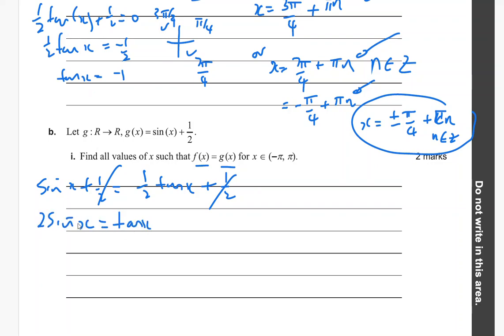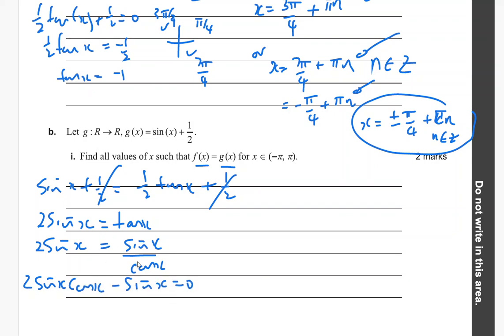When I've got sine and tan, turn this into sine of x on cos of x. 2 sine of x. Don't divide both sides by sine of x, you will lose answers. Move the cos of x over. 2 sine of x cos of x minus the sine of x equals 0.